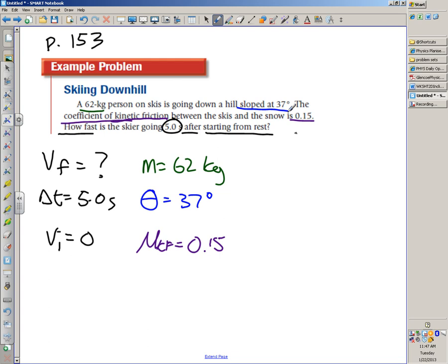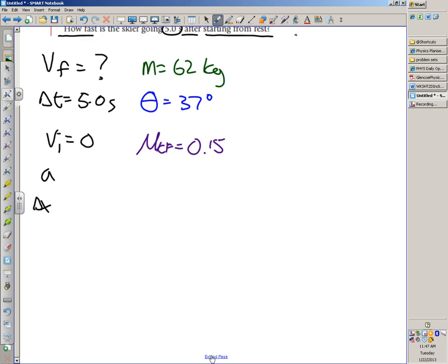We need to know 3 things. We've got 2. We have a couple more options, right? What are our other options that we could theoretically know to help us get final velocity? Acceleration or displacement. Those are the only other 2 things that we could find to solve a kinematic equation problem to get us what we need to know. Good there?